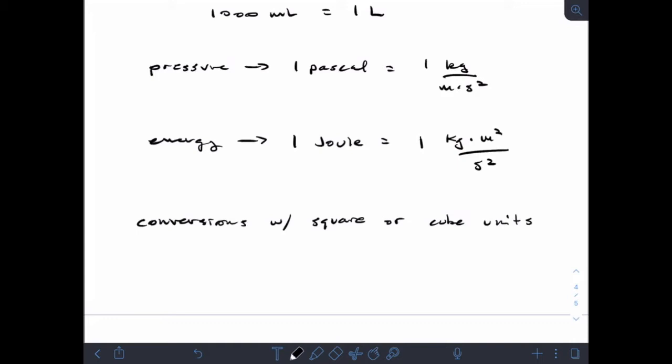We set up a ratio. The only trick is that we have to add one more step. The trick is to use the conversion you know and square or cube it.